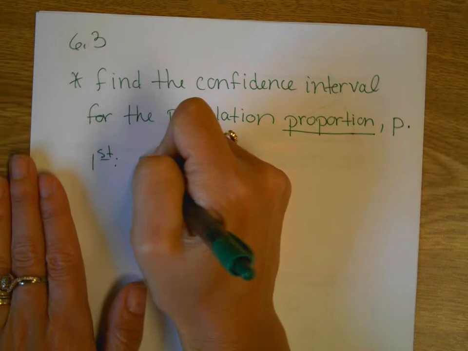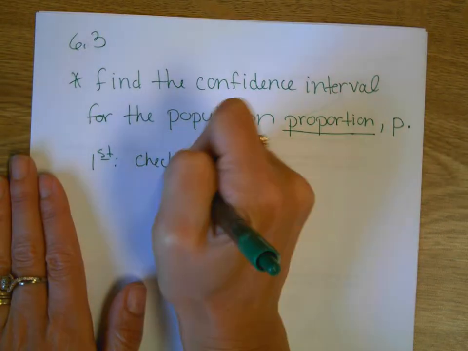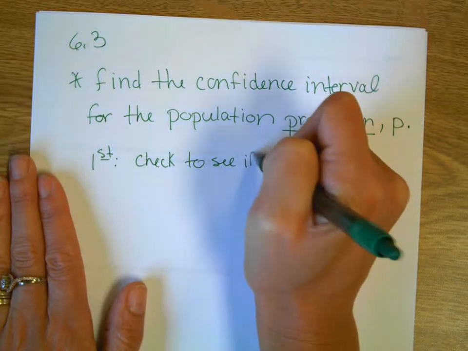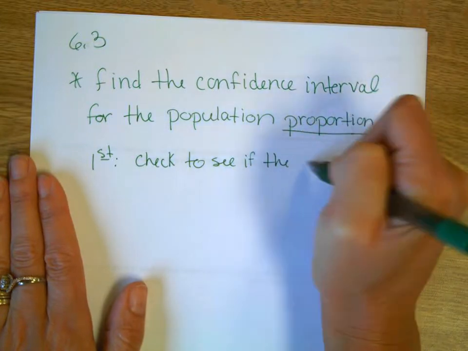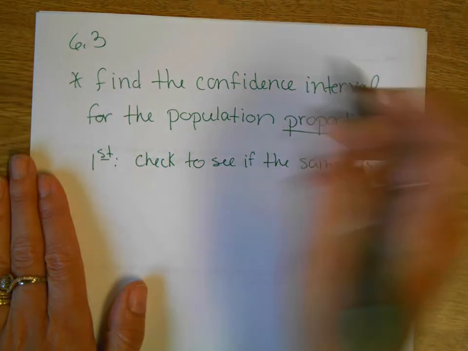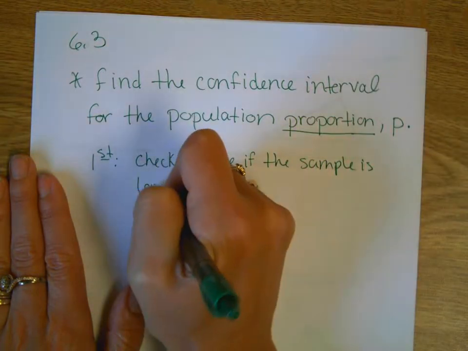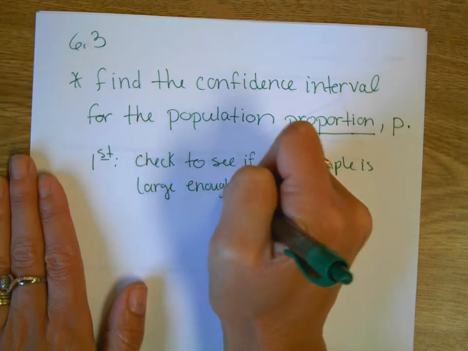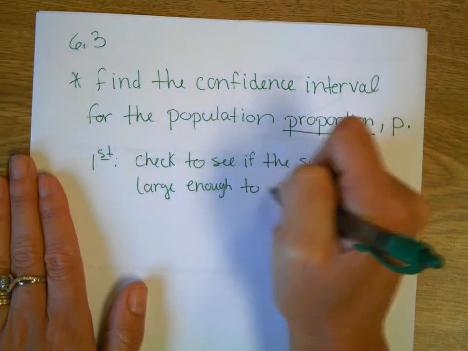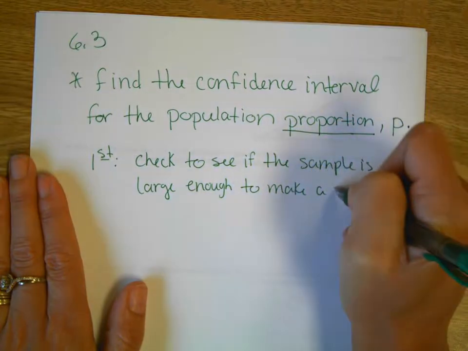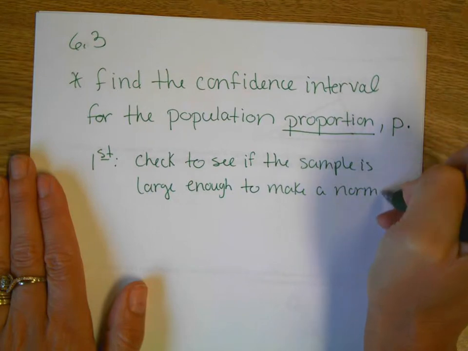So your first step is to check to see if the sample is large enough to make a normal distribution.